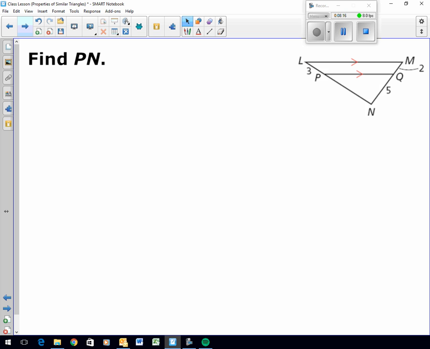Ms. Faulkner, can you name for me the parallel lines or line segments in this case? Please.